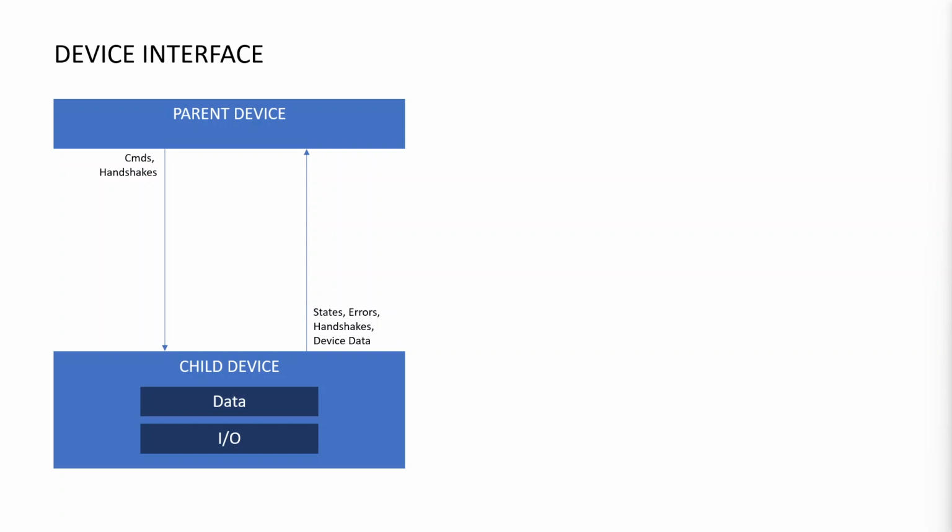And then in a child device, obviously the child is updating its states. It's relaying that state information back to the parent and to the world. Also its errors. If it has any errors present, it's letting the parent device know that. It's also updating those handshake requests with the done bits. And then each device will typically have its own device data structure, its own device data type, again to allow for some flexibility between devices that are different.